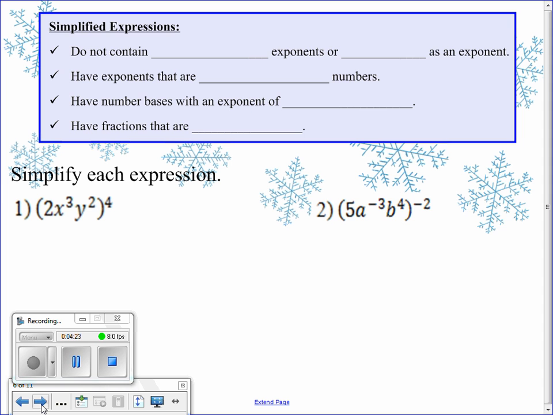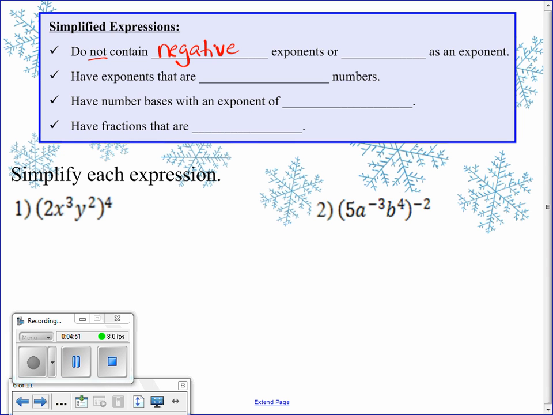Before we get going into trying some of these problems, let's go over how do you know when to stop simplifying? You ever do that? You're working through a problem, and you're like, I think I'm done, maybe, I don't know. Can I leave it like that? Can I not? So simplified expressions do not contain negative exponents. You cannot have a negative exponent.